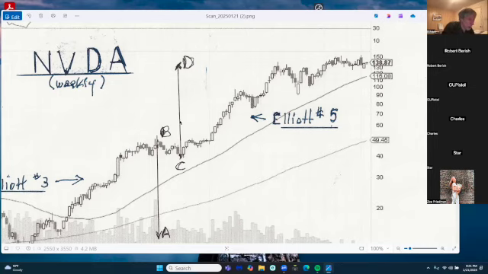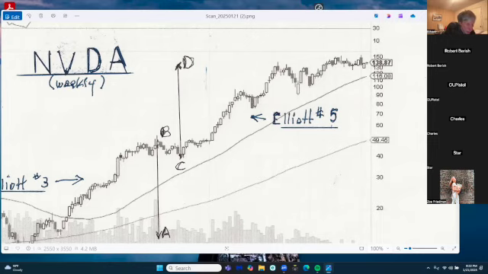We've also talked at our meetings about, for those who want to play NVIDIA but cheaper, NVDL, which is GraniteShares 2 times long NVIDIA. And that's up after hours, $2.38. That closed at 71.58.